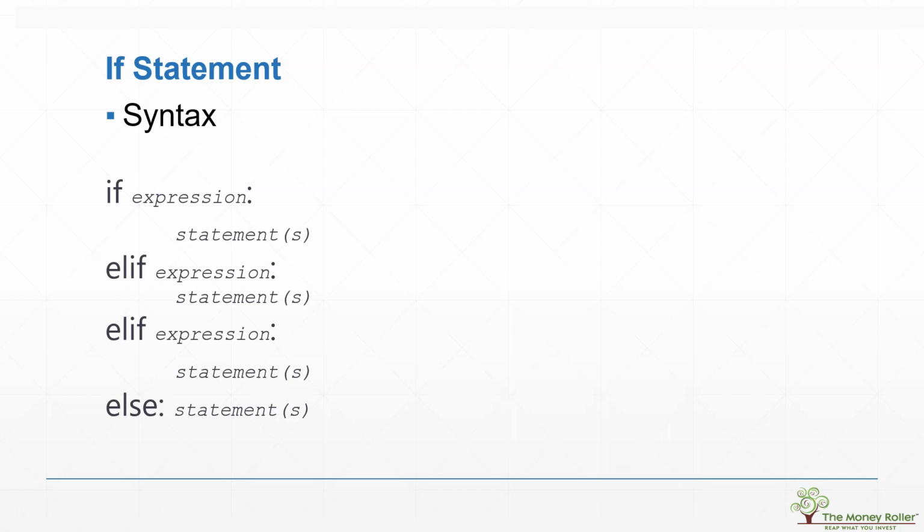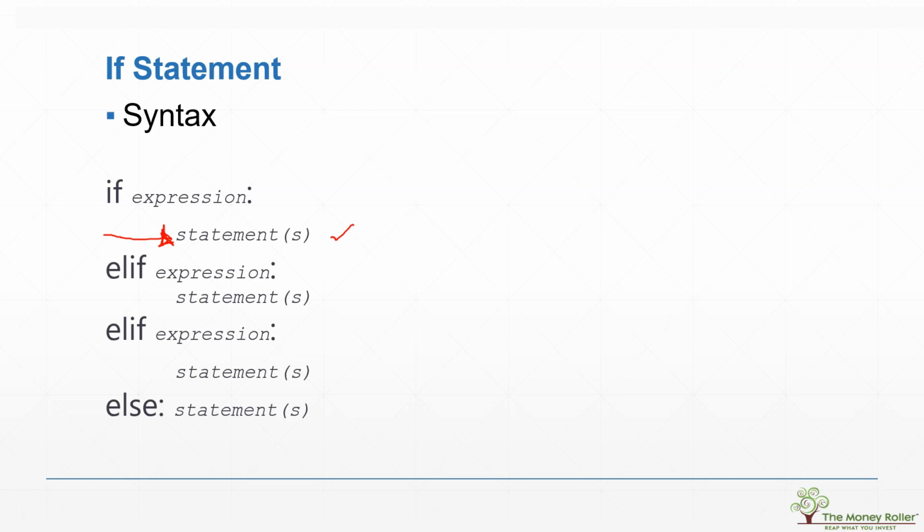So your if is in this line, let's say, the start of the program. Your block has to be one tab space, basically an indent inside this. So if this is true, this statement is going to run.